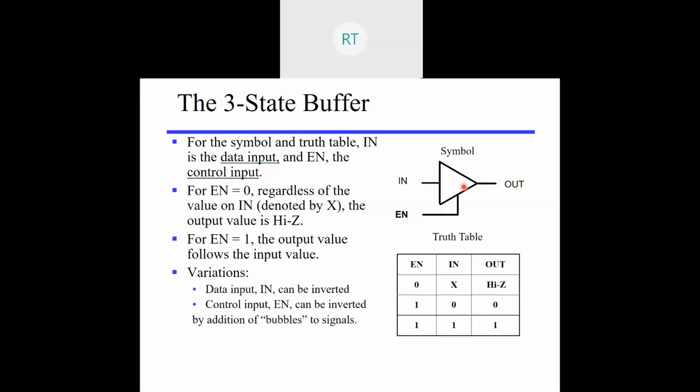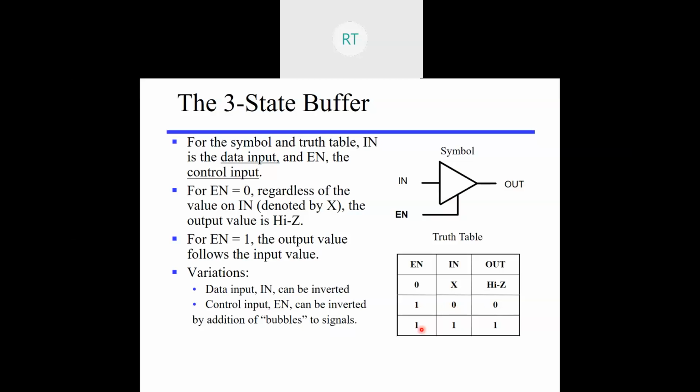This looks exactly like a buffer, but you put a switch to it or an enable. Let me read the truth table with you. You have a 0 enable. We don't care what is the input. I will get high Z. High Z means no output. If the enable is 1, now I worry about the input. If enable is 1, input 0, a 0 will pass.